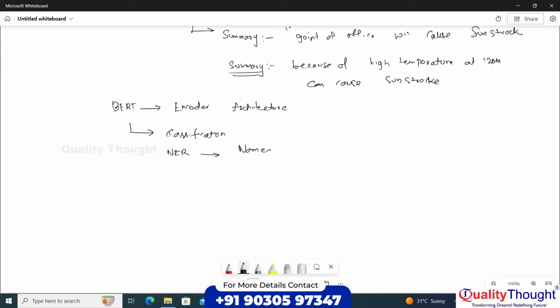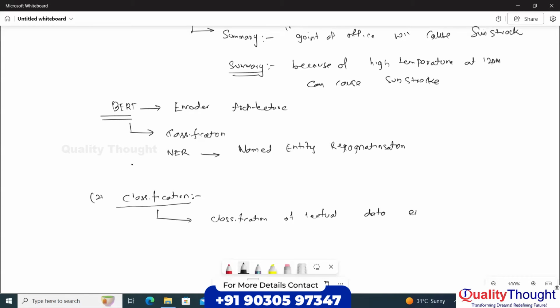Now, classification, you know the classification task. Second project: classification of textual data, whether it is related to a particular topic.